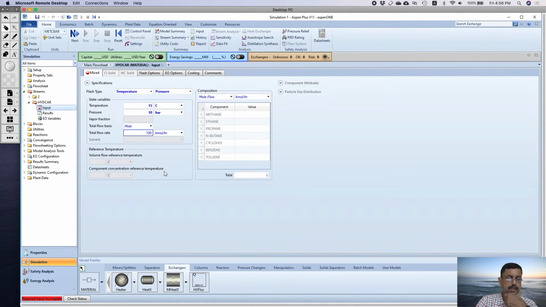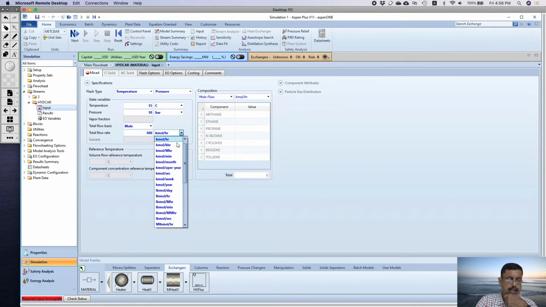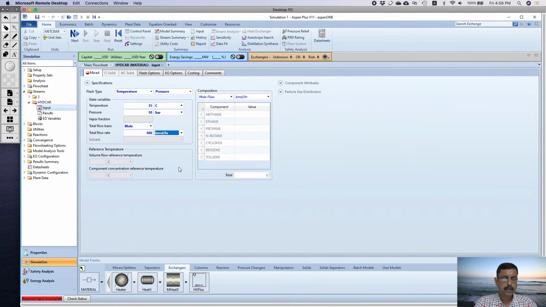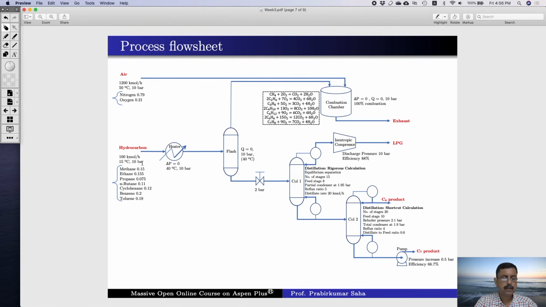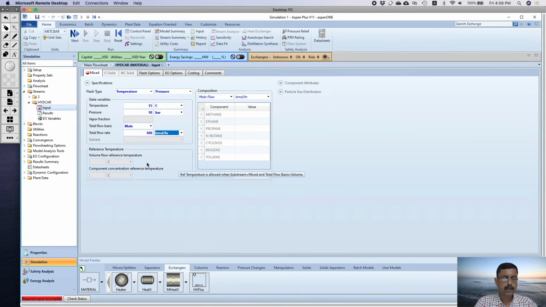Now you have the option to give it in other units, but we have kilomole per hour unit over here with mole basis, so we are using this directly. We can give it in mass base or volume base also.